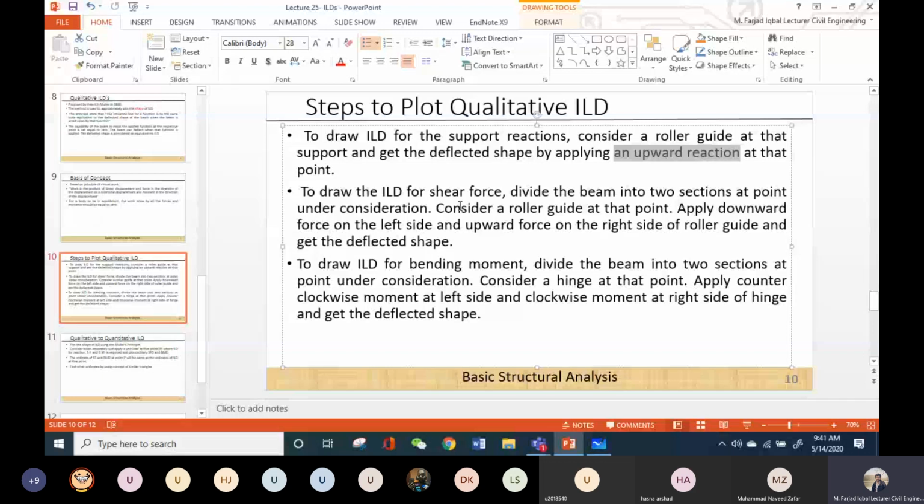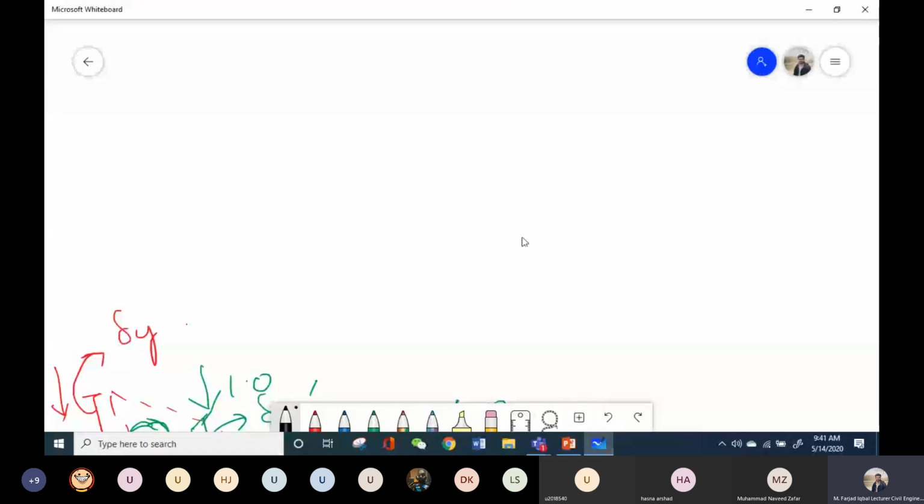Let me show you on the whiteboard now. We'll be solving another problem. Let's say I have this beam with supports at this point and at this point, and I want to plot the ILD for shear force at point C.